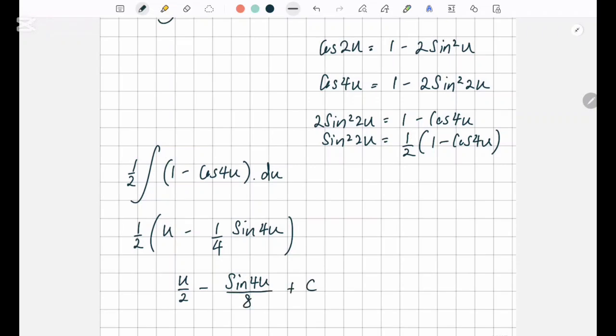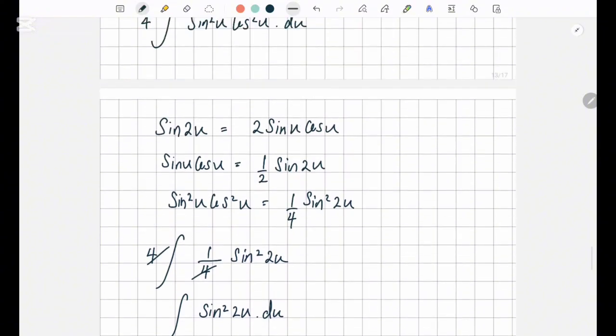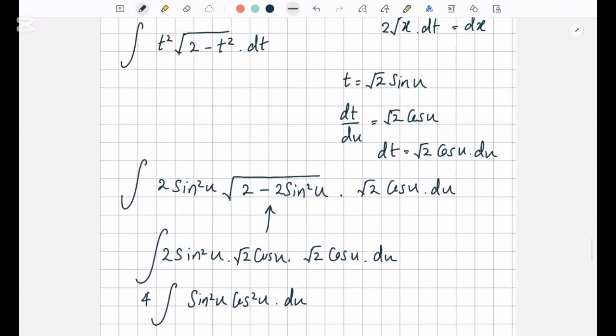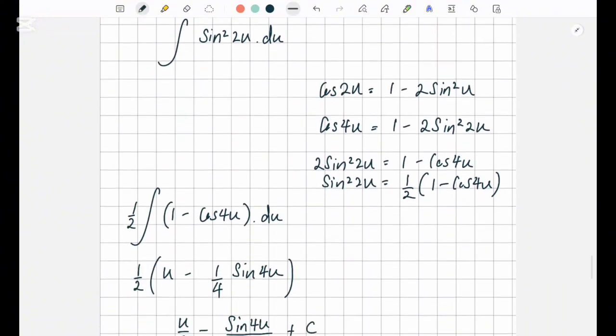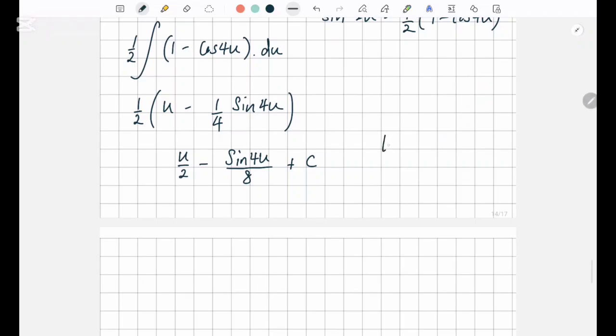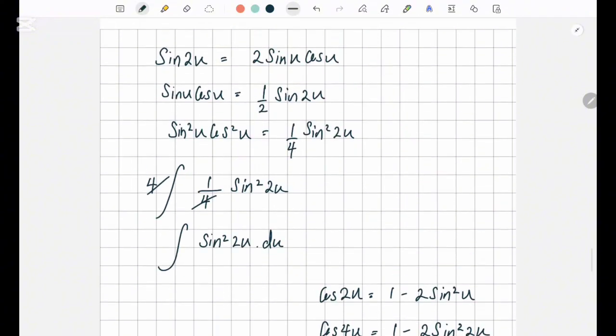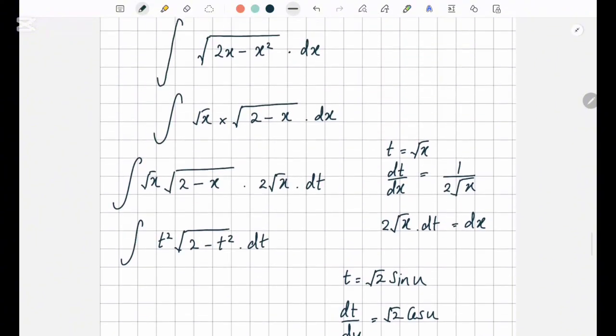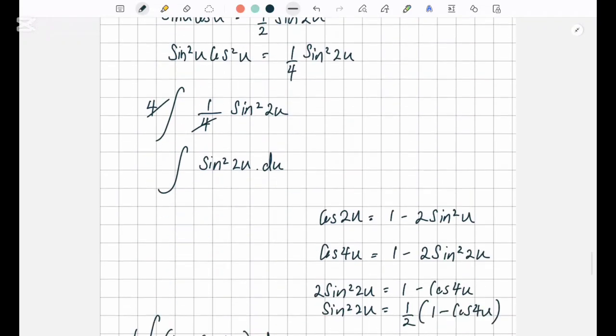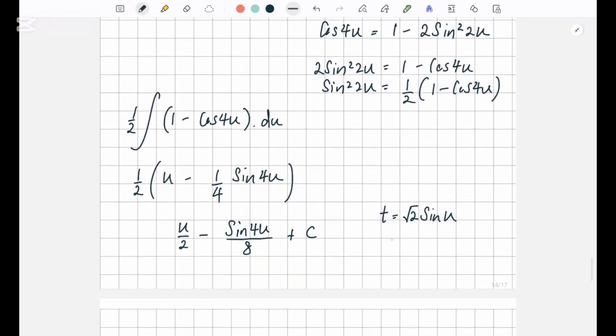This is your final answer, but we had a bunch of substitutions, right? So t equals root 2 sine u, and it was t equals root x.